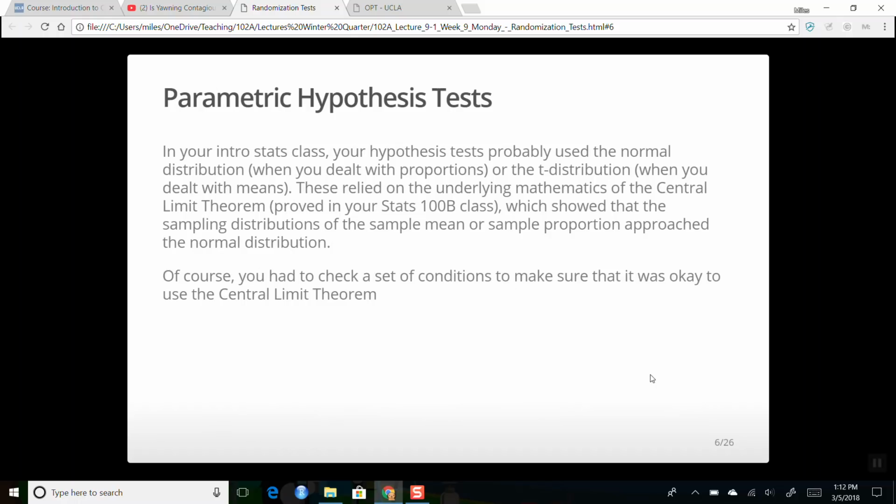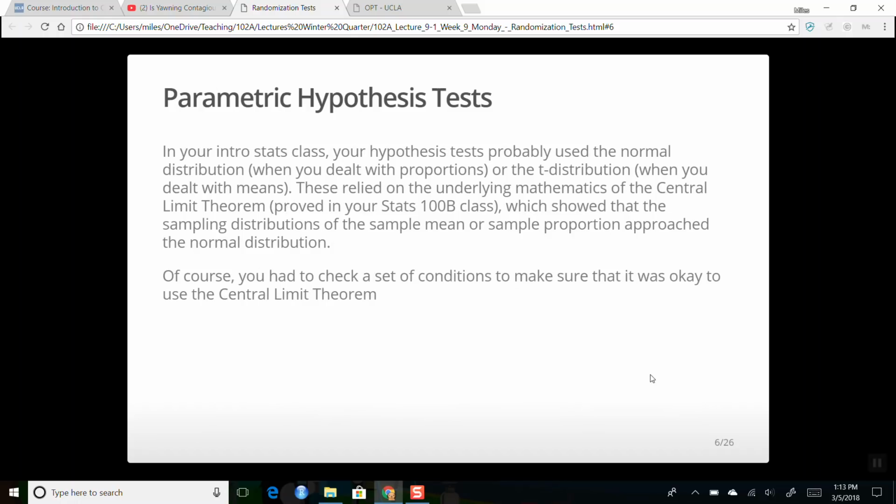Things like the samples had to be large, the samples had to be drawn independently and randomly from the population, things of that nature. And that is what allowed you to use the normal distribution and its cousin, the t distribution, in order to calculate p-values.